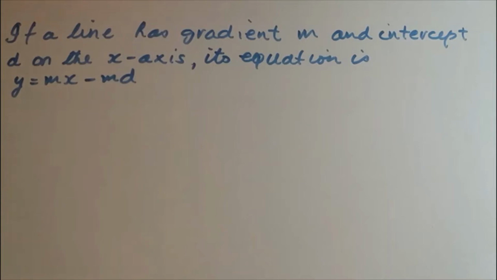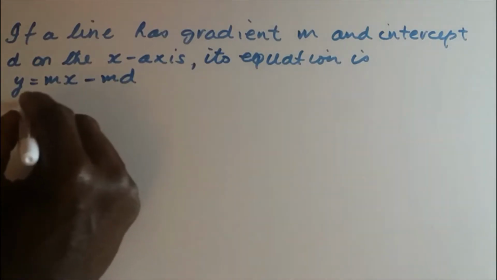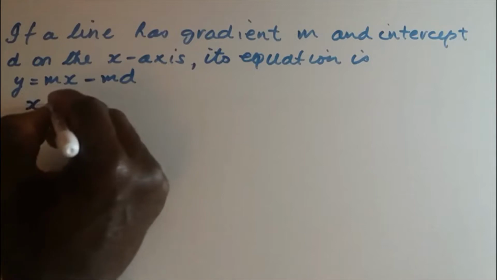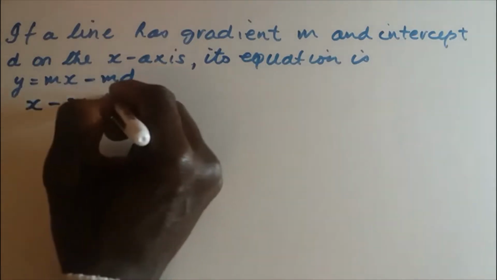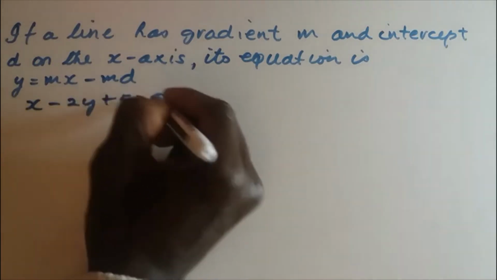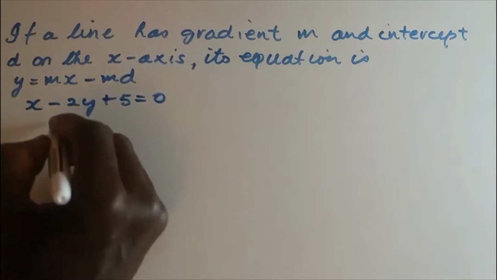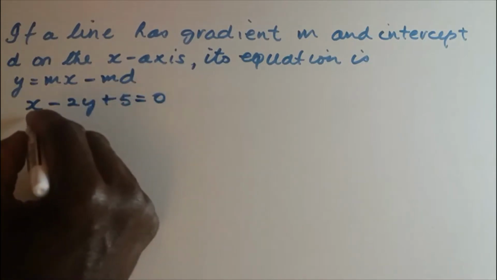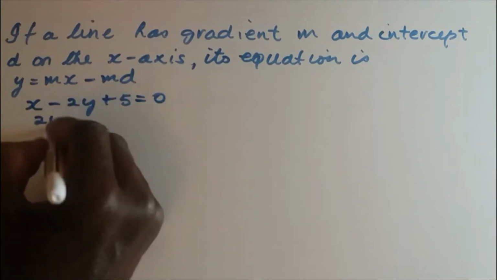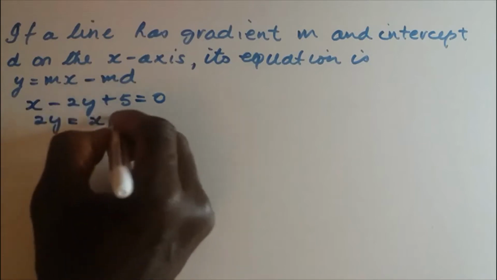Let's go ahead and use an example to verify whether this is a true or false statement. Let's say we have the equation x minus 2y plus 5 is equal to 0. In standard form, we can rearrange this to be 2y equals x plus 5.